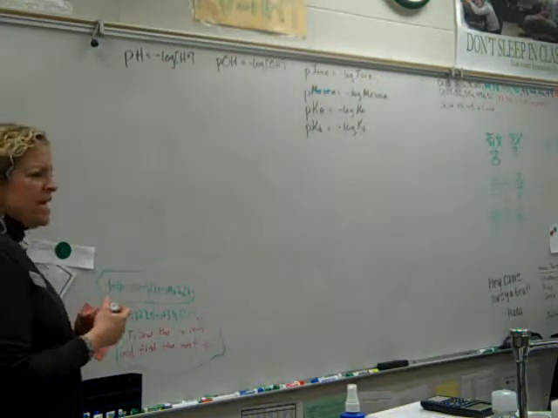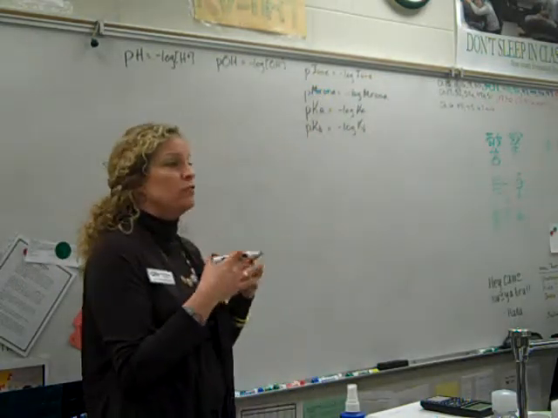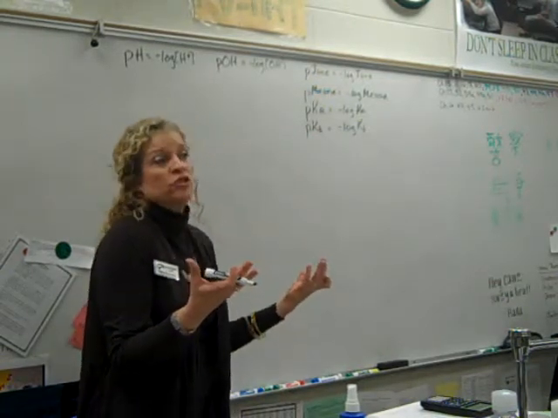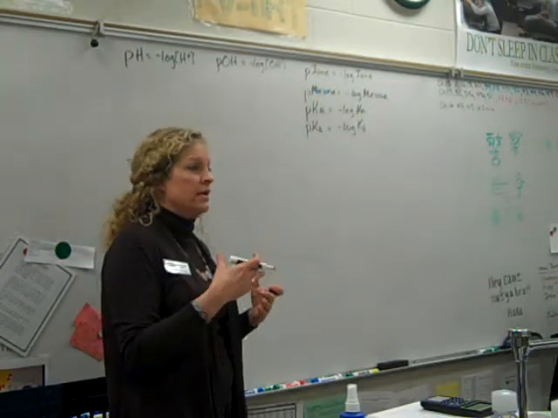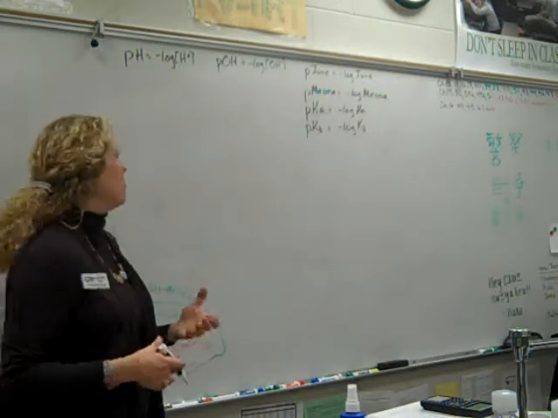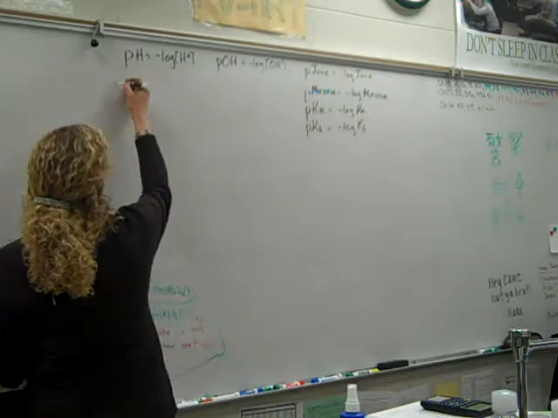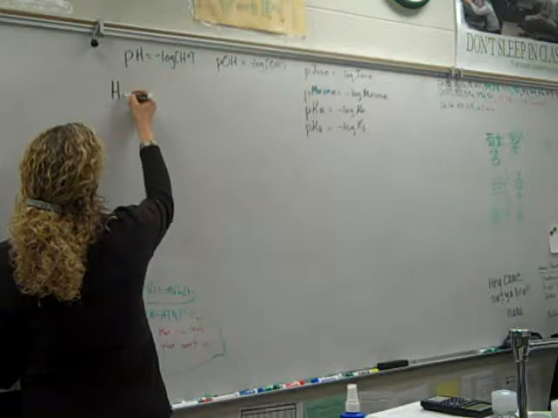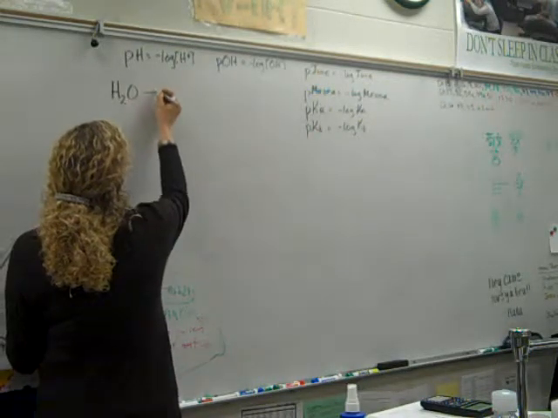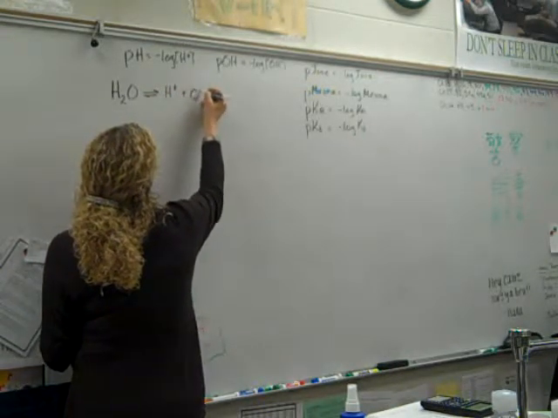Now, we kind of started in the middle because you guys were already so good at doing rice boxes and doing K values. We just switched to Ka rather than Kc or Kp. But now we're going to back up a little bit and figure out where all this H plus and OH stuff comes from. What actually happens to water, even if it's just pure, neutral water, is that it dissociates itself into H plus and OH minus.